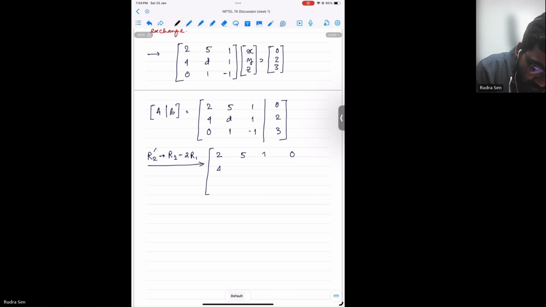Sorry, this should be 0, this should be d minus 10, and this should be 1 minus 2, that is minus 1. This should be 2. So here 0, 1, minus 1, 3.